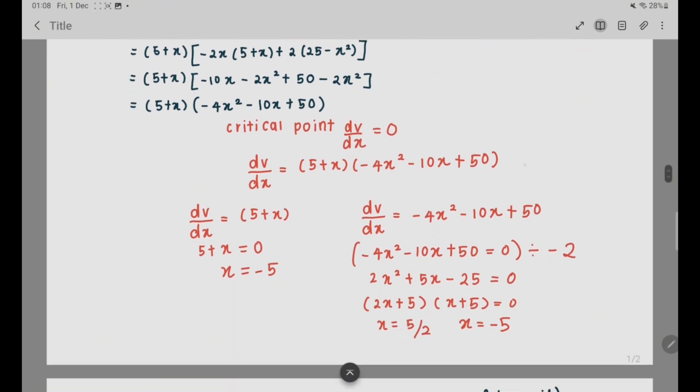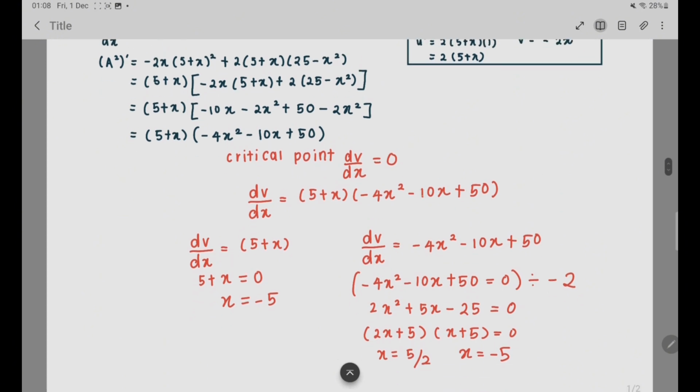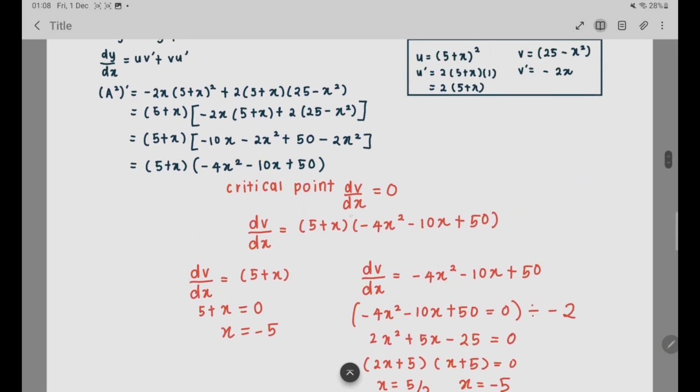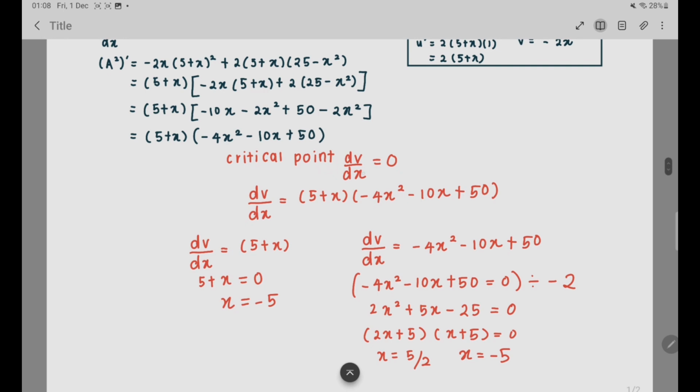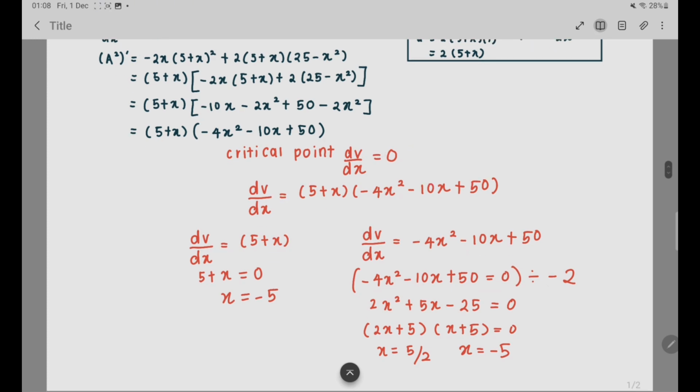In order for us to find the maximum area of the trapezoid, first we need to find the critical point, which is d(A squared)/dx, or A squared prime, equals 0.